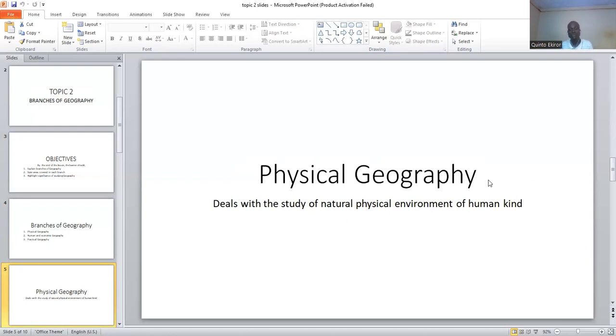And this physical geography studies more about the physical environment of humankind. For example, mountains and rivers are examples of physical environment. So the work of physical geography is to put more emphasis and clarify about the human environment.